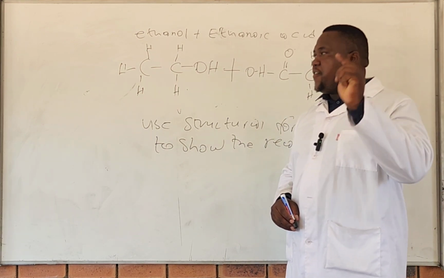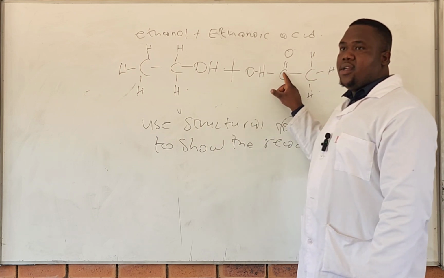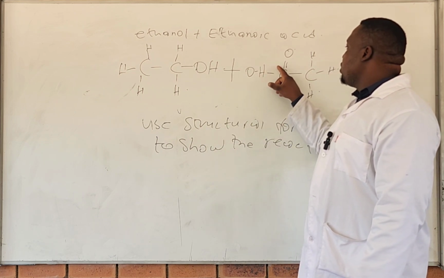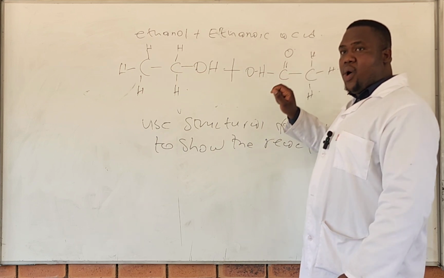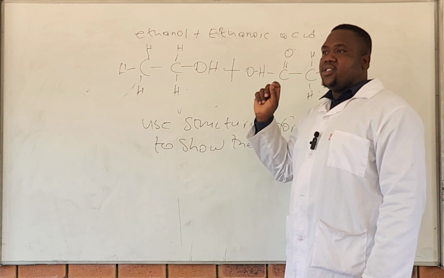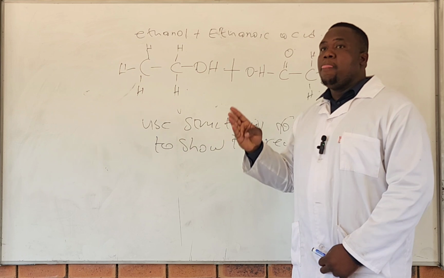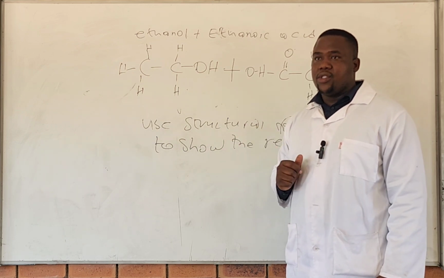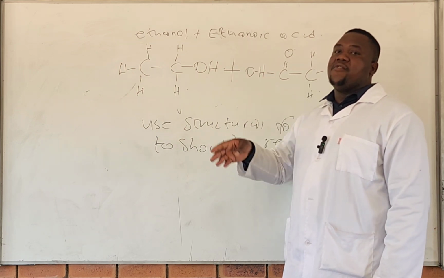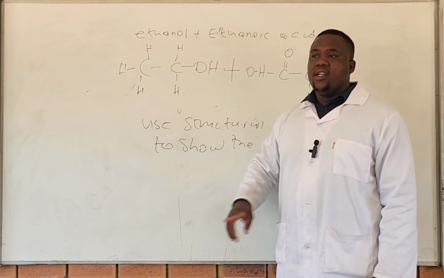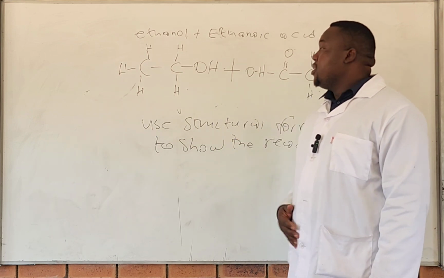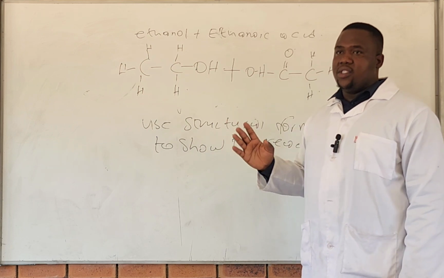So this carbon created only 1, 2, 3, 4. That's why there is no hydrogen here, because carbon has 4 valency electrons, so it is short of only 4 electrons for its outer shell to be filled. So it can only create 4 bonds.